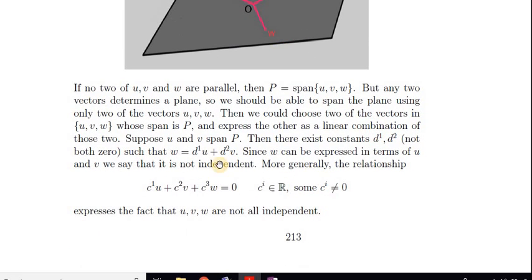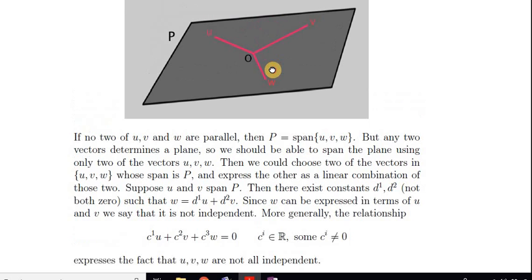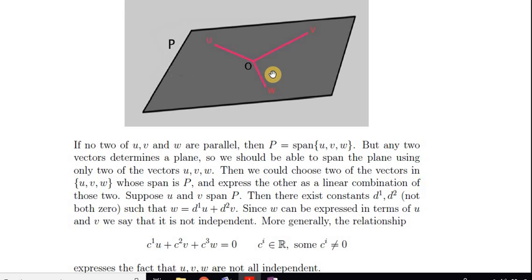All right. So you can see here that the fact that one of these is not necessary can be expressed in this way, that W is a linear combination of the other two. So if W is a linear combination of the other two, I don't need W to make any further linear combinations.